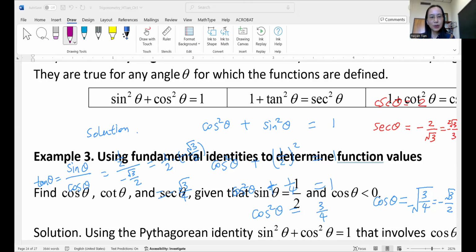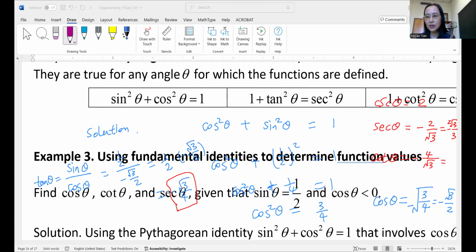And one more, that's cotangent theta, because tangent theta is this value. So cotangent is reciprocal of that. So we can put 4 in numerator over square root of 3. Reciprocal of tangent is cotangent.